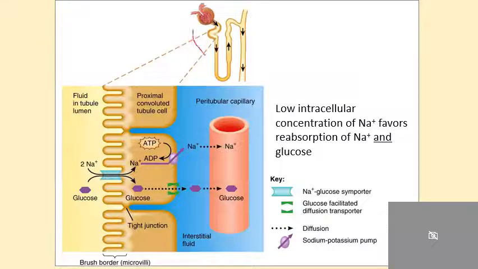So as shown up top here, we're looking at a portion of the proximal convoluted tubule. We see filtrate inside the tubule here. We see portions of 1, 2, 3 tubule cells. These are the cells that make up the wall of the proximal convoluted tubule. These cells have projections known as microvilli.